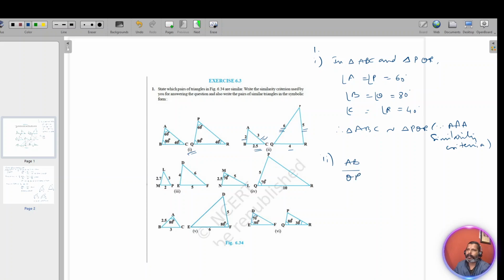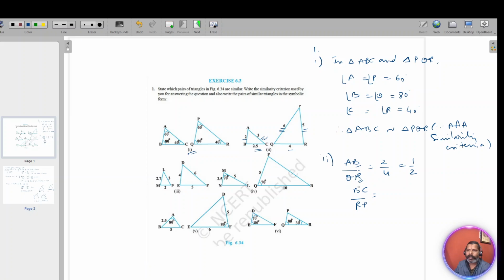You have to write equal to 2 by 4, that is 1 by 2. Now BC is 2.5, PR also 5, RP also 5, but how should I write? That's important. BC means 2.5 to 3 I'm moving. So you have to write 5 to 6, means RP. Otherwise, B corresponds to R only here.